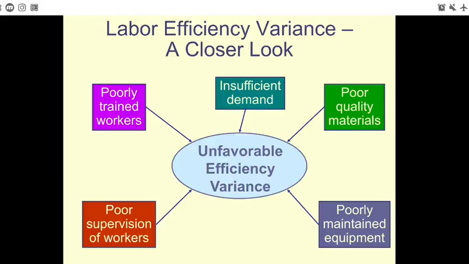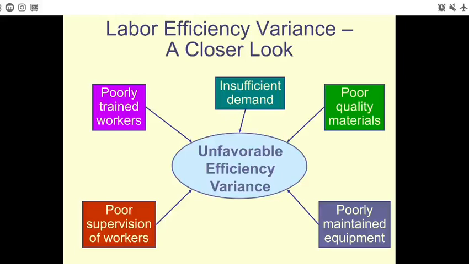And the second reason is insufficient demand. How can insufficient demand cause unfavorable labor efficiency variance? The thing is like this: if there is insufficient demand, workers become lazy. They know there are not many things to do, so they just do their work slowly.